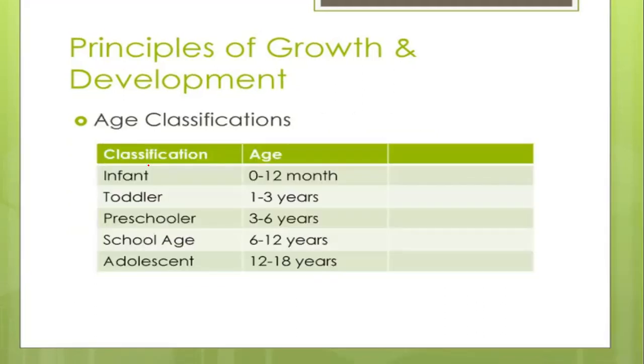So here we have age classification. An infant is from 0 to 12 months of age. A toddler goes from 1 to 3 years. Preschooler from 3 to 6 years. School age from 6 to 12 years. Adolescent from 12 to 18 years.